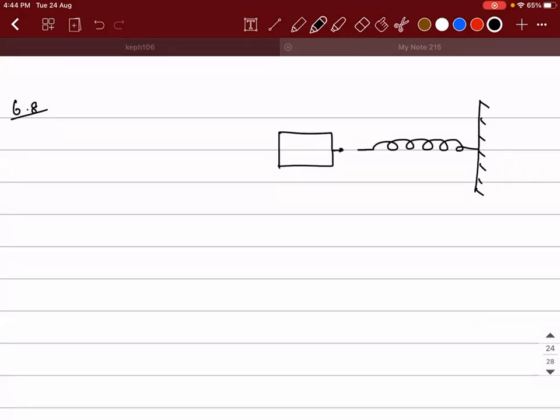Okay, car is moving and it has a mass of 1000 kilogram. It is moving with a speed of 18 kilometer per hour. Spring constant is 6.25 into 10 power 3 Newton per meter. Correct? Now you guys tell me, when the spring is experiencing maximum compression, what would have happened to the car?